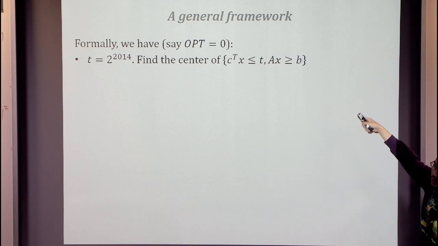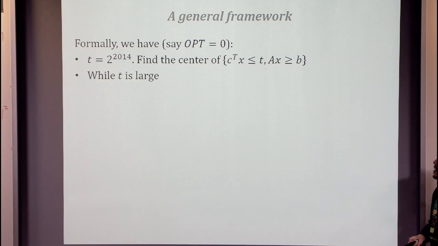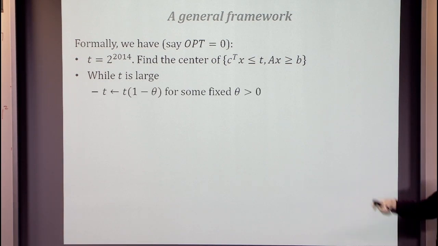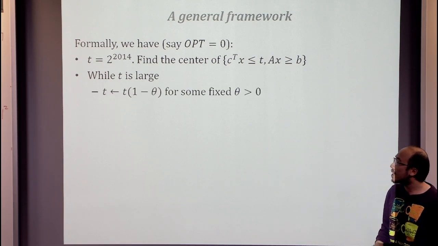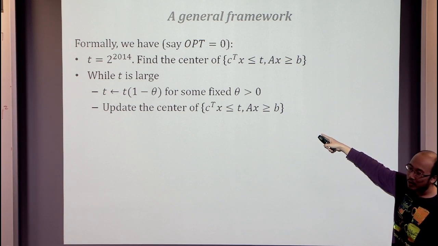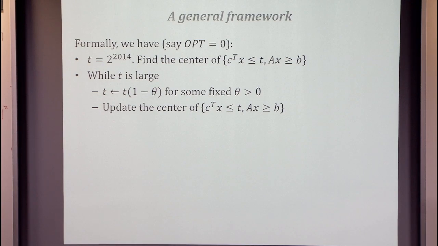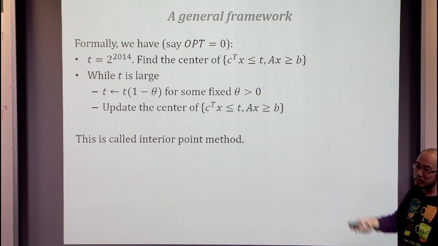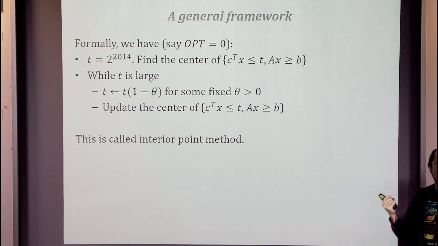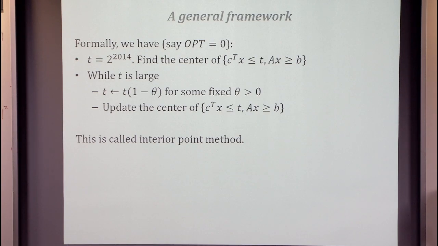So we start with a polytope, and we can find a center. Then in each iteration, when t is larger than 0, we decrease t a little bit, and then update the center for the new t. This is the rough outline, a general framework for the algorithm. And this is usually called the interior point method because in each iteration you maintain an interior point of your polytope.